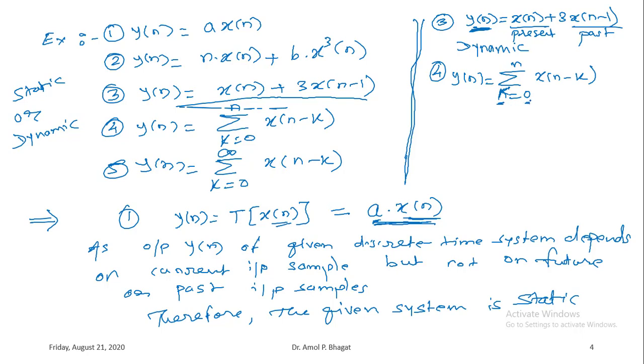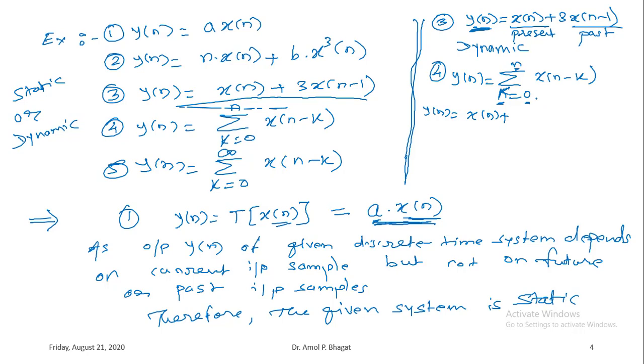So these limits start from 0, and the final value is n, right? So if you substitute these values of k in this equation, then this equation can be written as x of n, right, plus the next value of k will be 1.